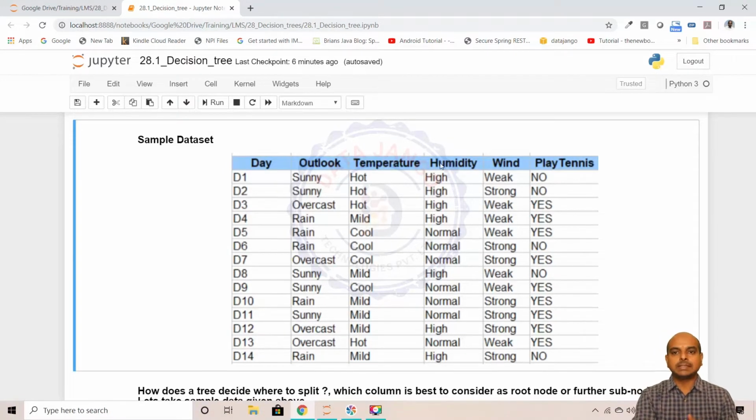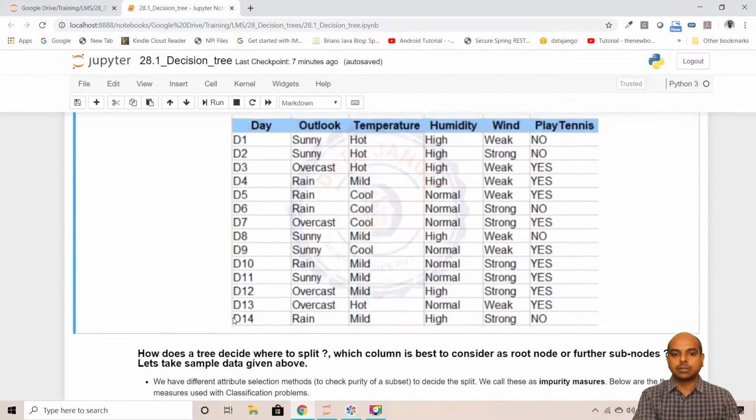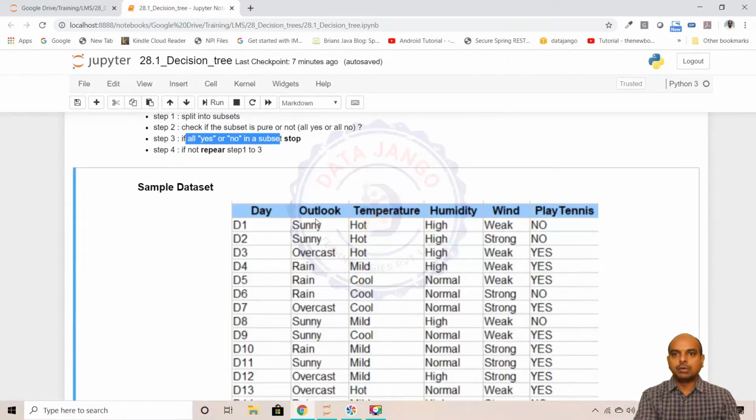To measure that and decide on which column to split, we have algorithms: Gini index, information gain and gain ratio. These are called impurity measures. When the impurity is low, that's the column we should split the data on. If the impurity of outlook is low, we should split the data on the outlook column.